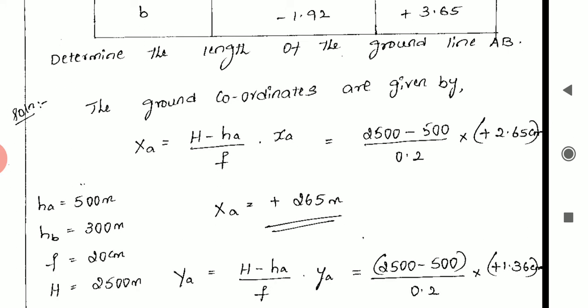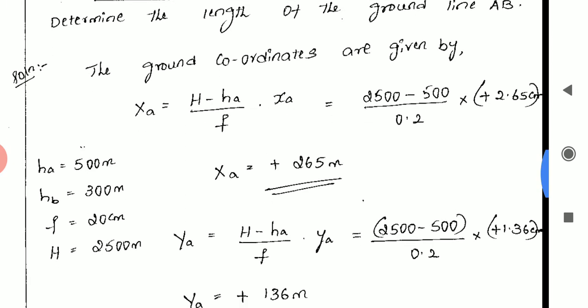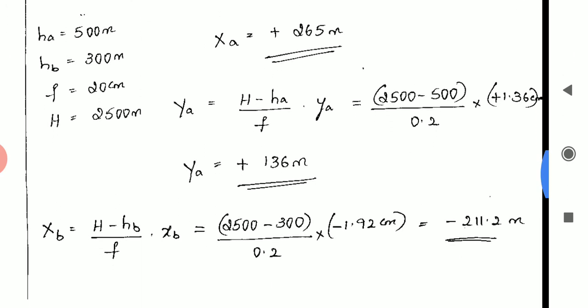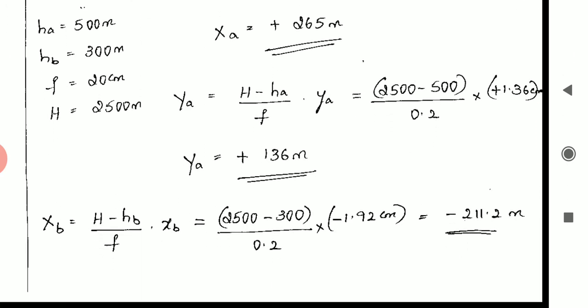Based on that derivation and formula we have to calculate. The xa coordinate formula is H minus ha divided by f into xa, for the corresponding point, that is ha and xa. By using all of these we will get xa, and similarly we will get the ya values. If it is positive then it is the upward side.